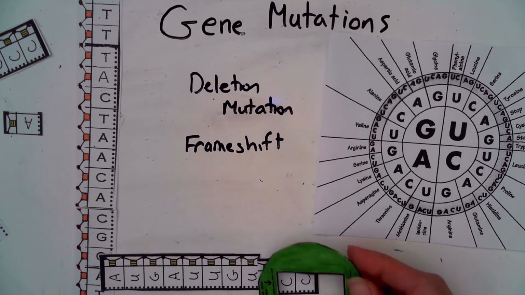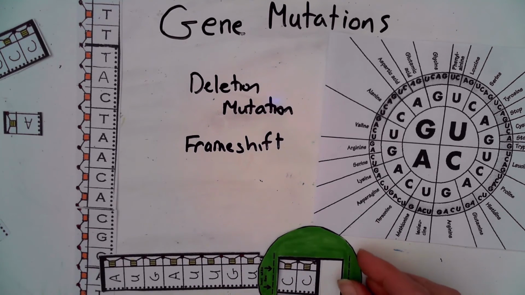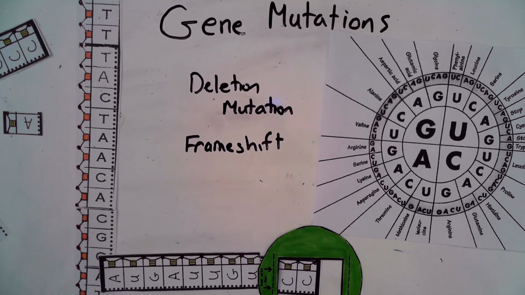But look at this last one. It can't even find a tRNA that is going to match because it is missing a nitrogen base. So basically, not only do we have the potential to affect that one codon, but every codon after that.